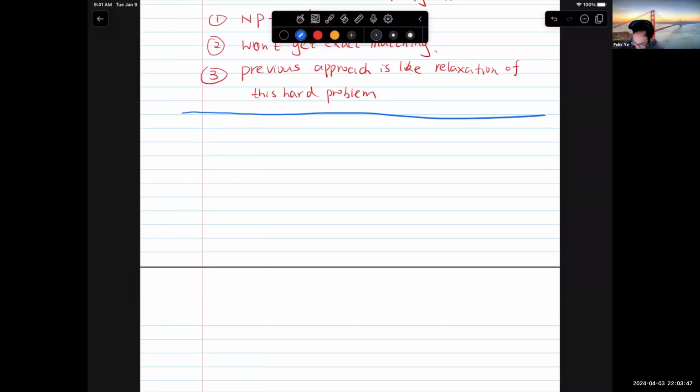Say you are given a positive semi-definite matrix. Let's call it M. This M is in the space of D by D.